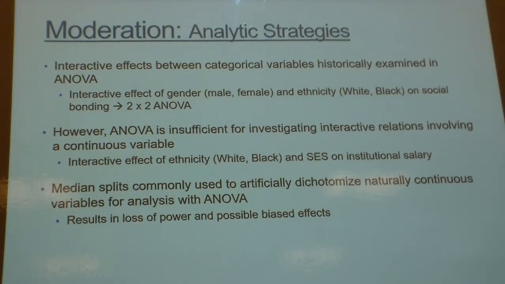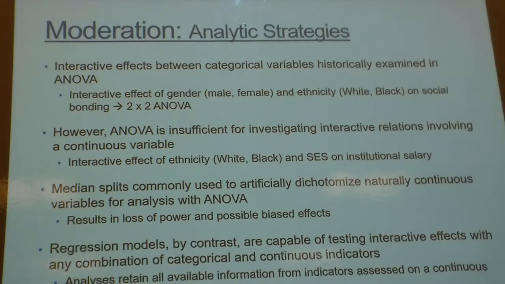But we know that that's not the case if we think about what this construct is and what it's trying to measure. And so we become very, very limited if we start forcing everything into dichotomous predictors. But with our regression models, we can start to test our interactive effects across any combination of categorical and continuous predictors, assuming that we've coded things correctly.